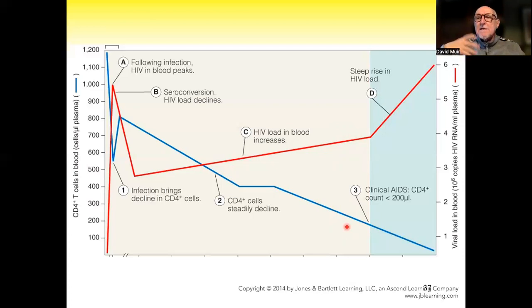They may start to see some strange skin things arising. They may start here to have night sweats. It's almost like a prodromal phase of milder symptoms. But when they reach this point of less than 200 T cells per microliter, this is the definition. By definition, they now have AIDS.